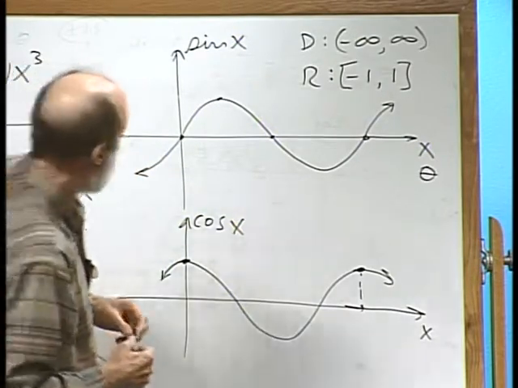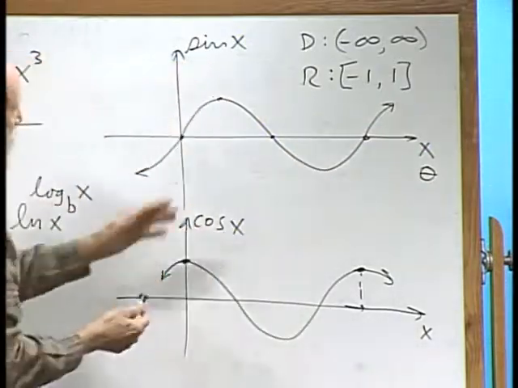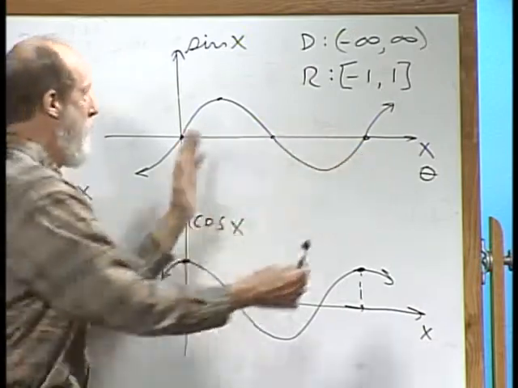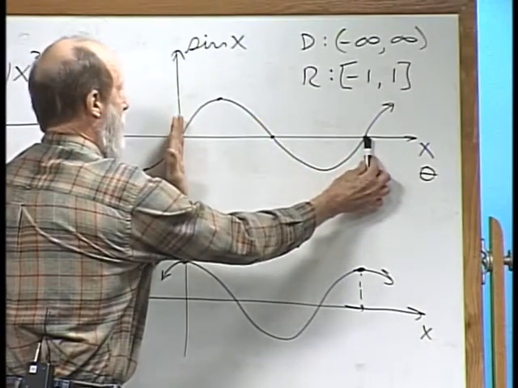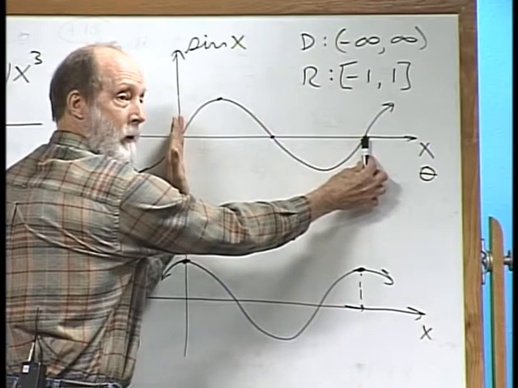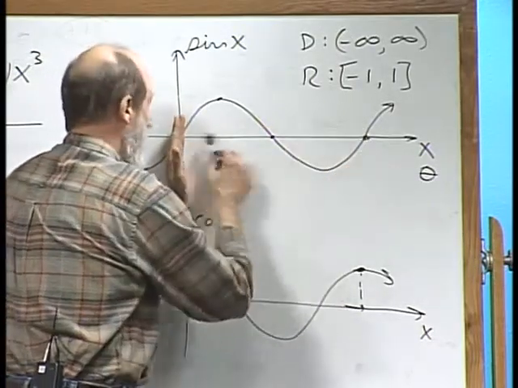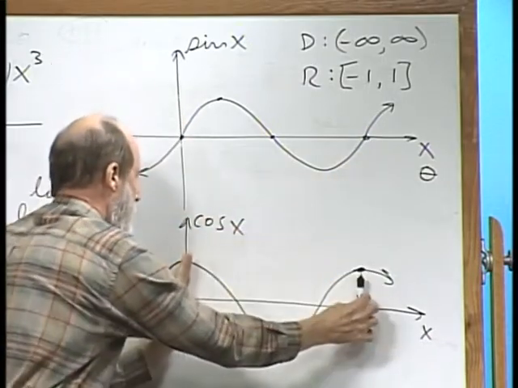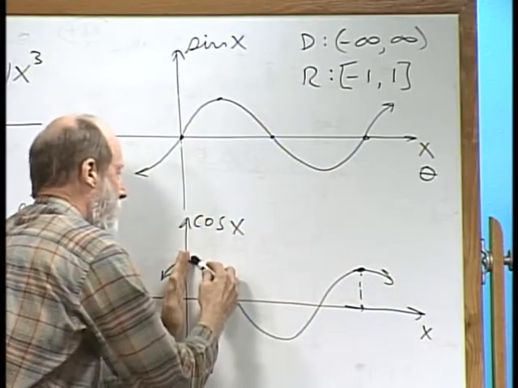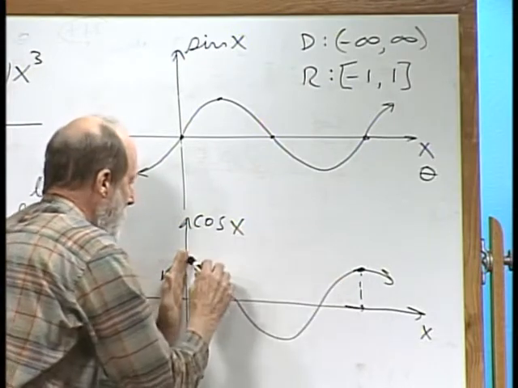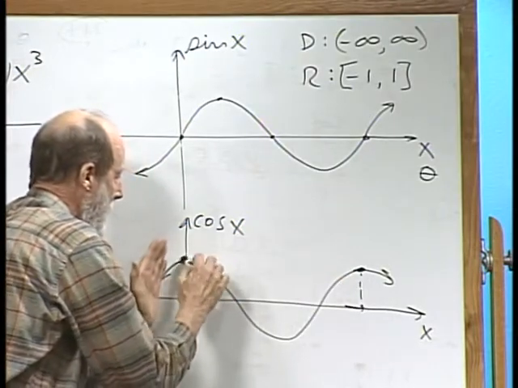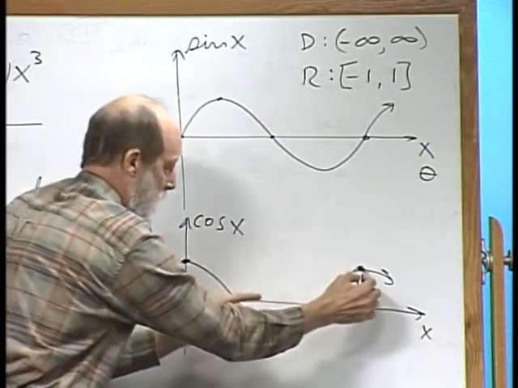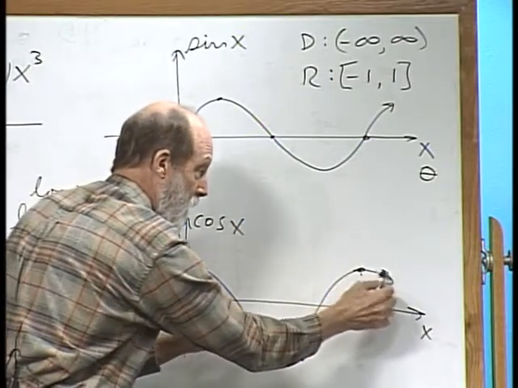Now, I tried to draw these, and I did a pretty good job. Notice that the interval for what we call the period match up. That distance gets through one cycle, doesn't it? Distance in the input, x, or theta. And similarly, down here, you've gone from a maximum to a maximum, and the trend as you move across this is you're transitioning, you're starting to fall off as you move past this point. Similarly, over here, as you move past this point, it starts to fall off.